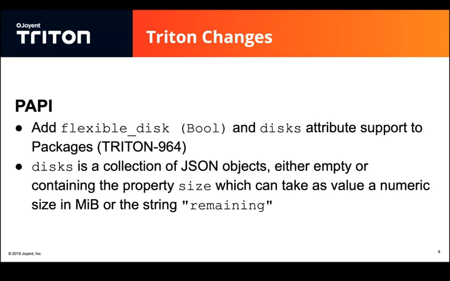So up to quota, whatever is left up to quota. This is handy sometimes, but it's also dangerous because if you set the size of remaining into a disk, you will not be able to create snapshots of that machine. And right now, you will not be able to migrate that machine too. But I mean, sometimes you just want to use a huge disk, and that's a possible solution for that.